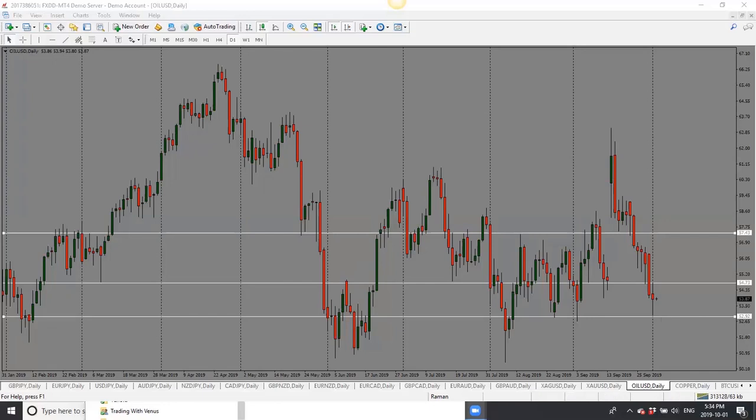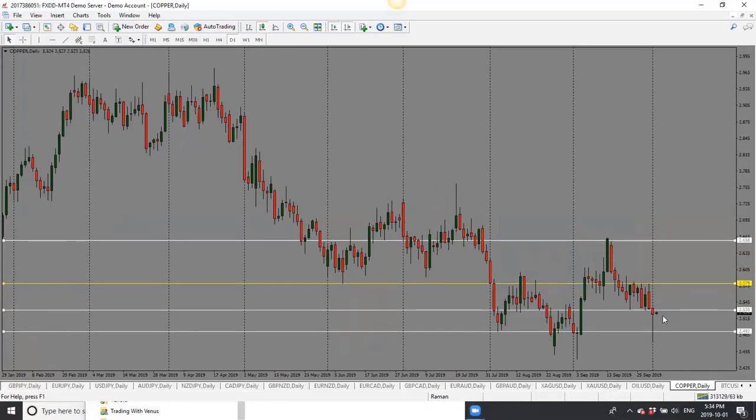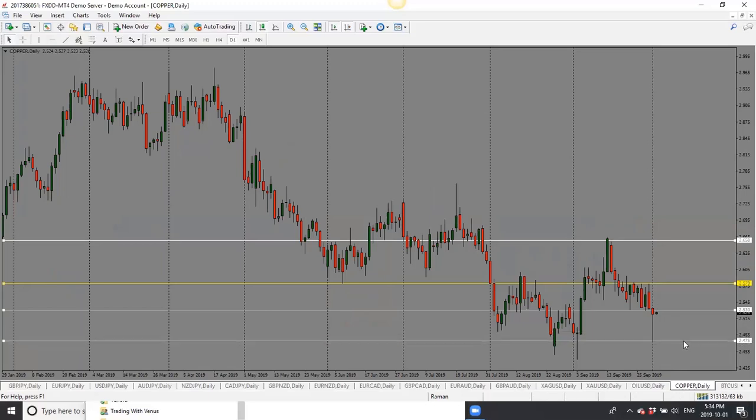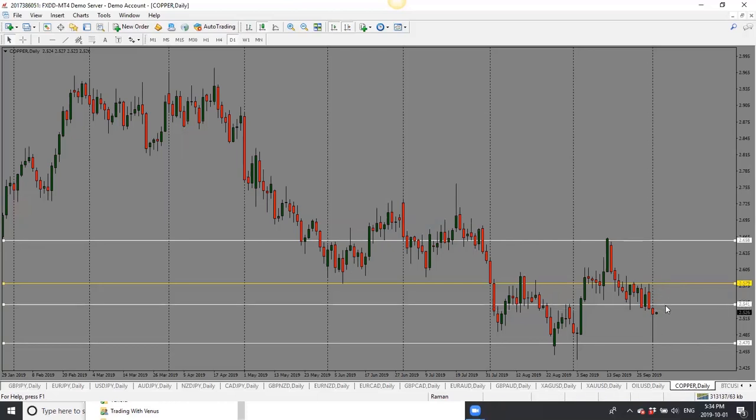Bias is neutral. Copper here had a huge drop here. Yesterday, we were looking for a move down. Got a big drop here, but now we have a large pin here. So my bias is neutral because when we have a big rejection here, this one could go higher. So watch out for that.